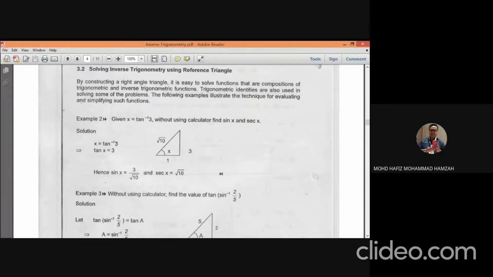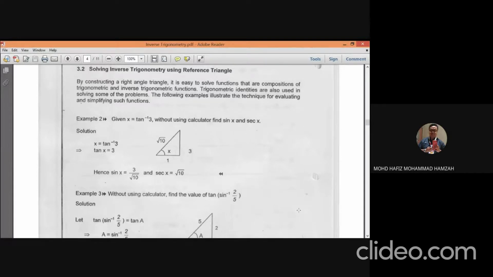Okay, so example 2, given x equal to tangent inverse 3, so this should be easy one. Without using calculator, find sin x and secant x. Okay, so kita let x equal to tangent inverse 3.